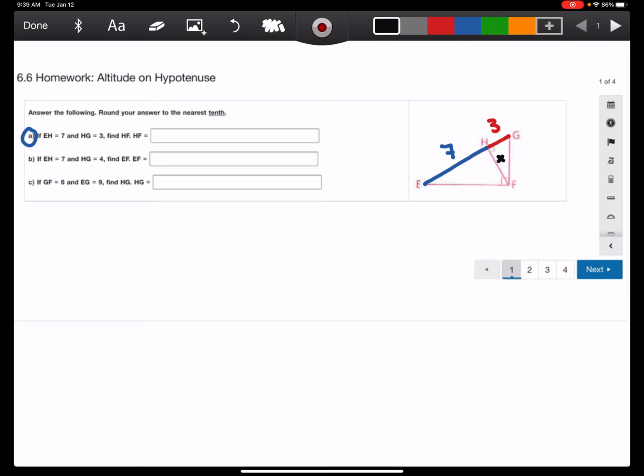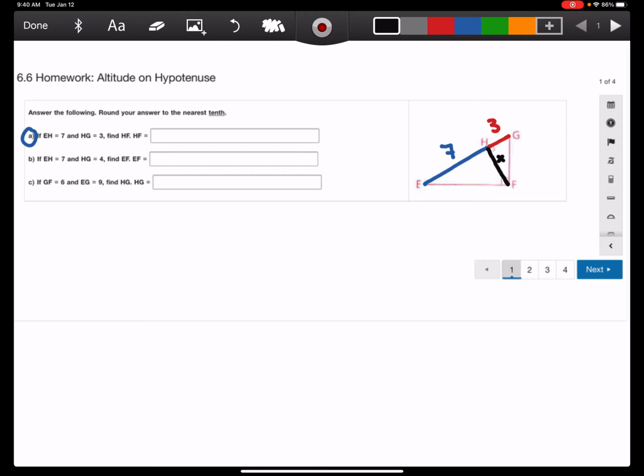Now, if I look at this, the first thing I want to do is check and see where X is at. And if I look at X, I see that's this altitude here. Now, which triangles is X on? Well, it's on the small triangle on the right side over here, and it is also on the medium triangle on the left side.